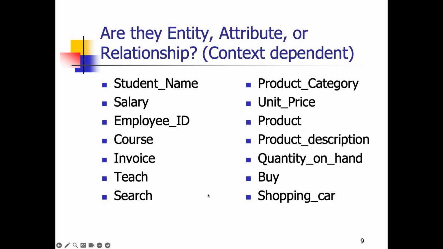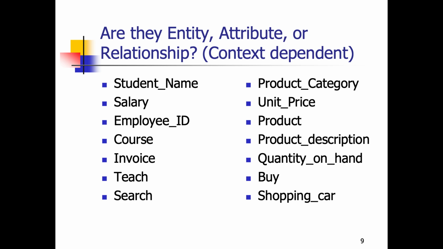So let's see in this slide which ones are entity, which ones are attribute, and which ones are relationship, right? It may change depending on the context, but overall, what could be, for example, a student name? Is it an entity, attribute, or relationship? How many of you say a student name is an entity? Okay.